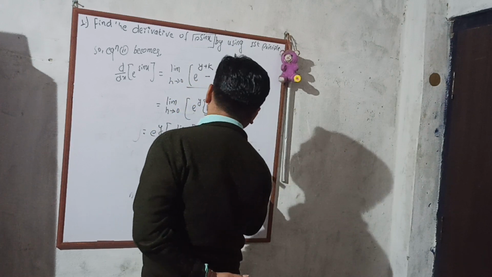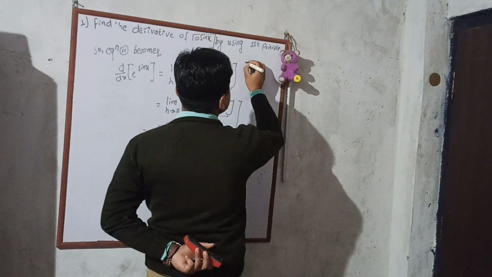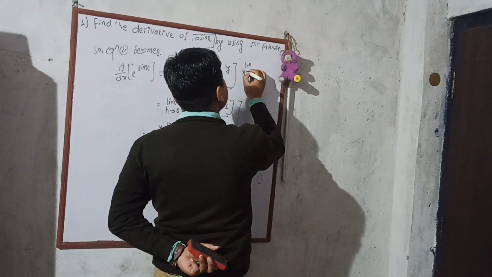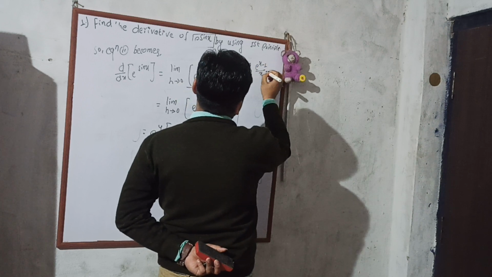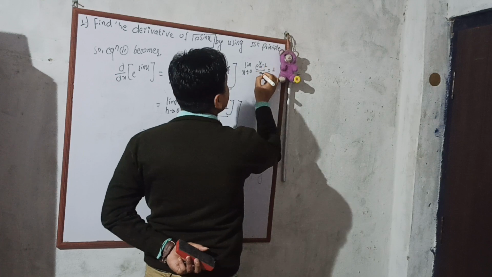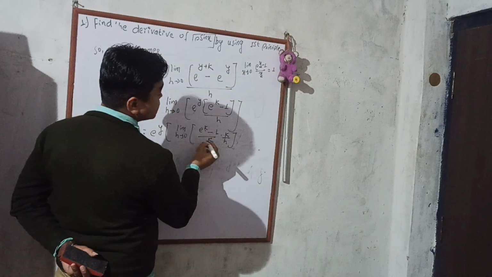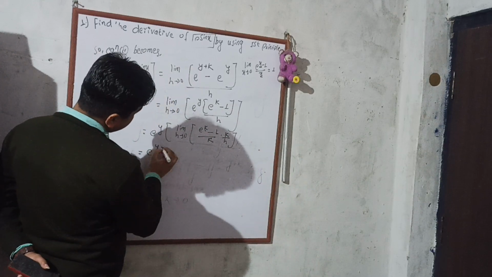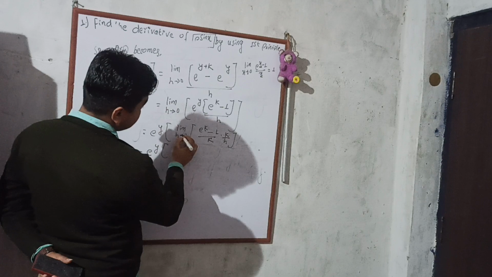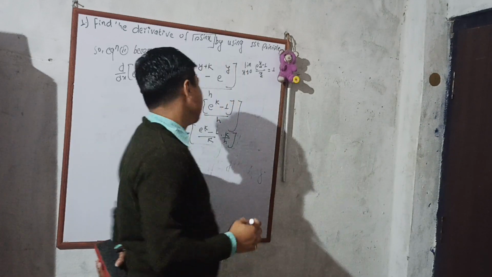We have to make this into the formula: limit x tends to 0 of e to the power x minus 1 divided by x is equal to 1. Here x is k, so it must be k also. As you know, if h tends to 0, then k also tends to 0.